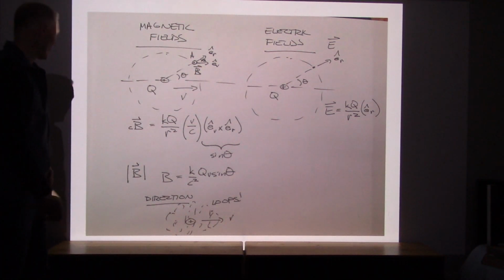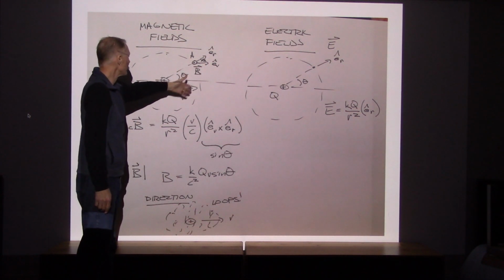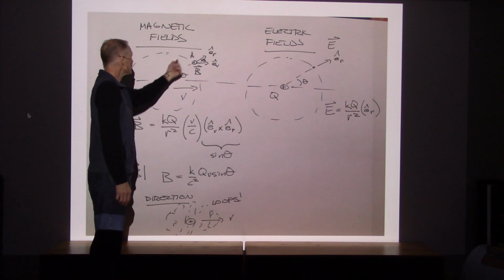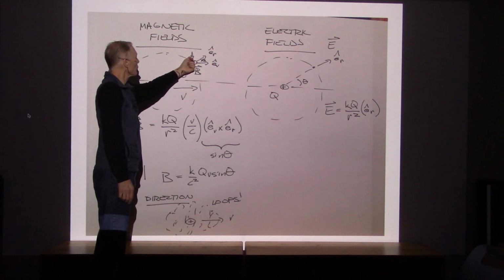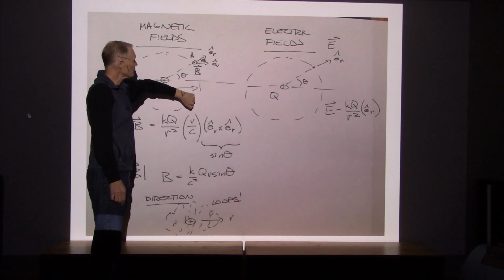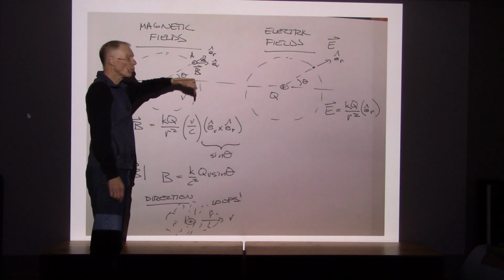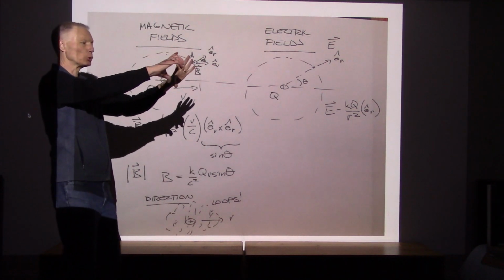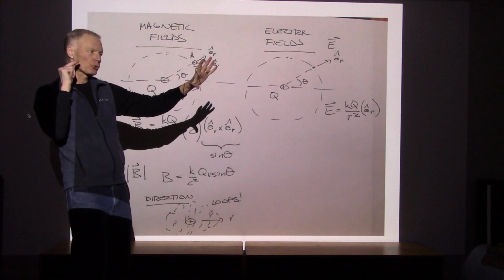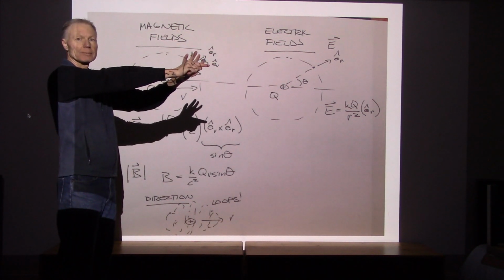Now, if I move around to different locations on my imaginary sphere that I've outlined at distance r, what that's going to tell me is that, well, if the magnetic field is coming out of the board here, it's going to be going into the board here. So if I'm looking for how the magnetic field is oriented, what that's going to give me is loops of magnetic field lines surrounding that center line, which is where the charge is traveling.